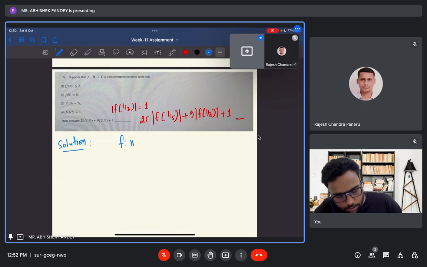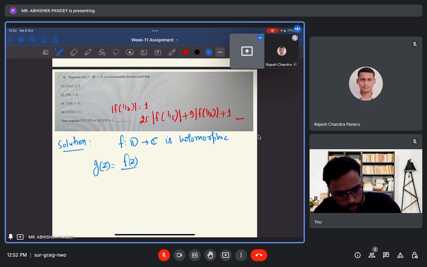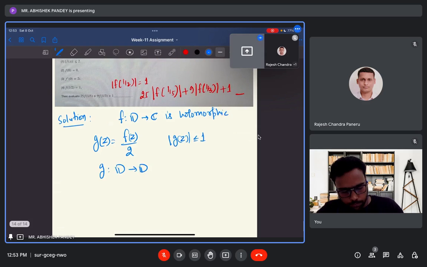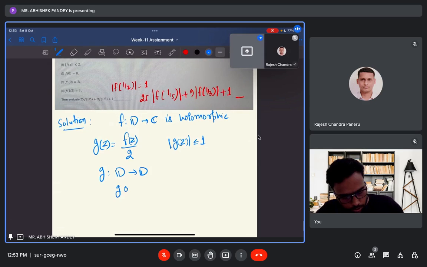Now let us solve this question. f says that D to C is holomorphic. Now you define g(z) equals f(z) by 2. So modulus of g(z) is less than or equal to 1, and by open mapping theorem g maps D to D, and g of 0 is 0.